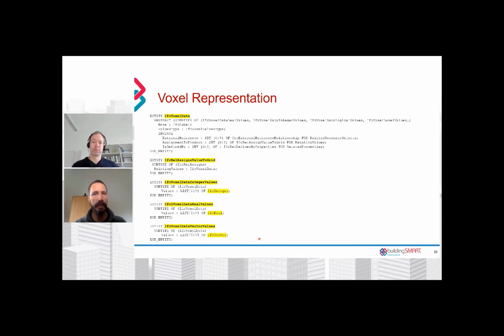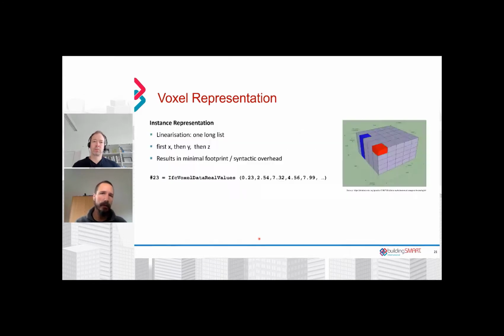And this also means that we do not have to encode the strong type of the measure value inside the IFC dataset, which introduces a lot of overhead again, because then every data value would need to have, if it's a non-negative length measure, to be an IFC non-negative length measure through the entire voxel data value.